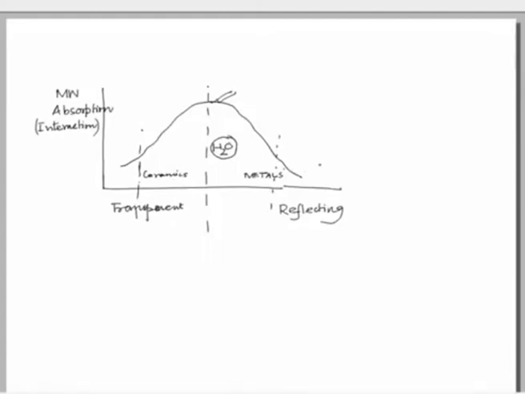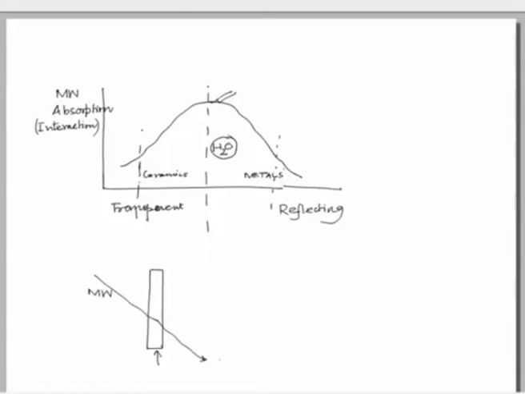One category is transparent, like plain glass, and the microwave energy falling on it simply goes out.